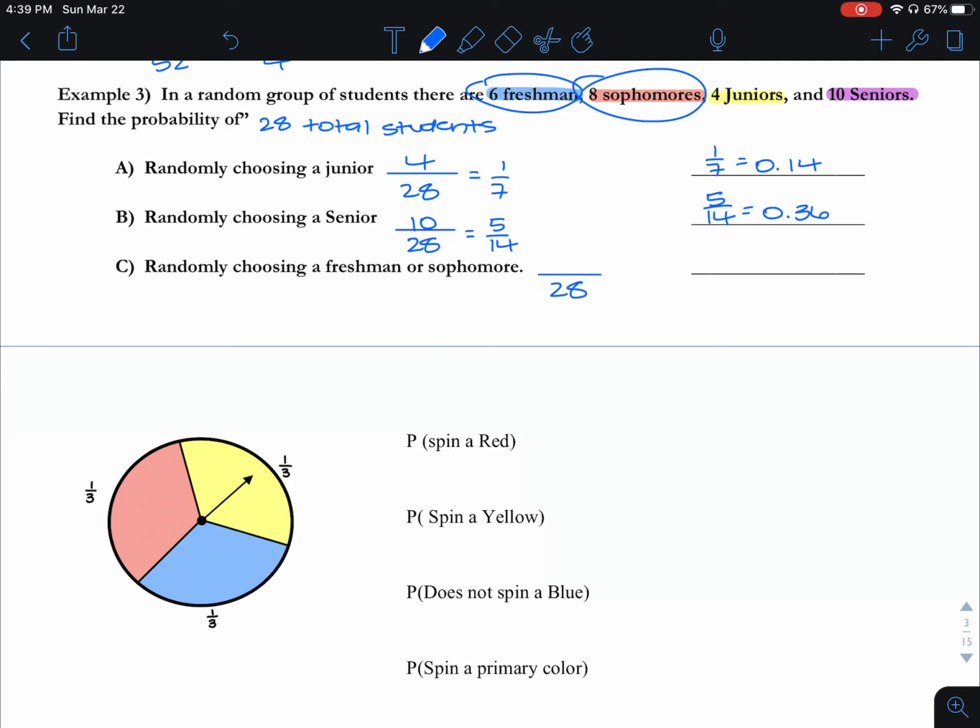Well, to find it, I'd simply add them. Add my 6 and my 8. I should get 14. Which means if I were to have a class size of 28 with these exact numbers, okay, if I can reduce this, I get 1/2. There is a 50% chance of me choosing a freshman or a sophomore.